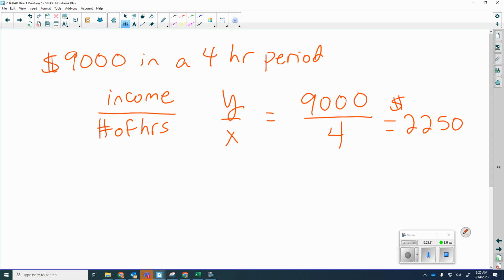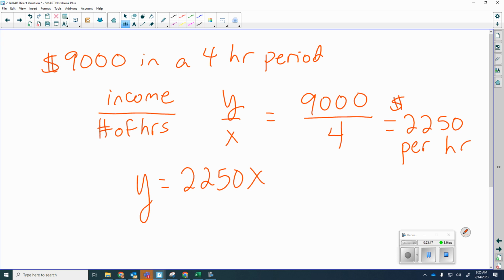Dollars what? Per hour. That's important for you to understand the context here because the next part says first to write an equation. So that would be y equals 2250x.